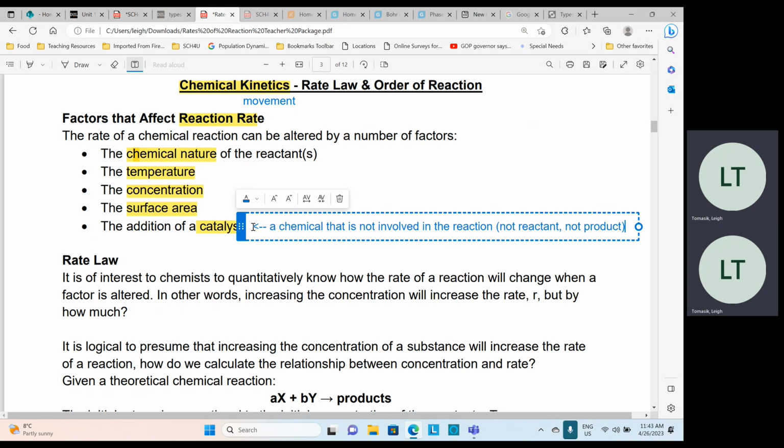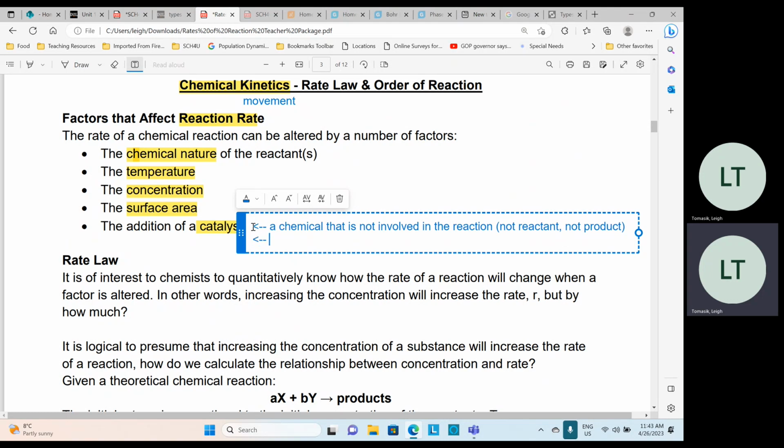Its atoms aren't involved in the actual chemical reaction, but its presence, so it's present during the chemical reaction, speeds up the chemical reaction.